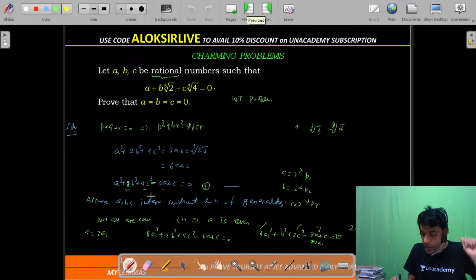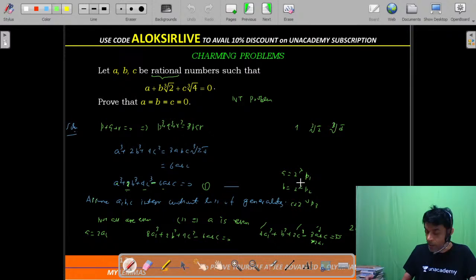And why did we assume that not all are even? Was that assumption justified? Yes, because if they were all even, I could always take out the highest power of the factor of a, b and c, and among these whichever is least I can take out. And so it amounts to saying that we assume not all are even.